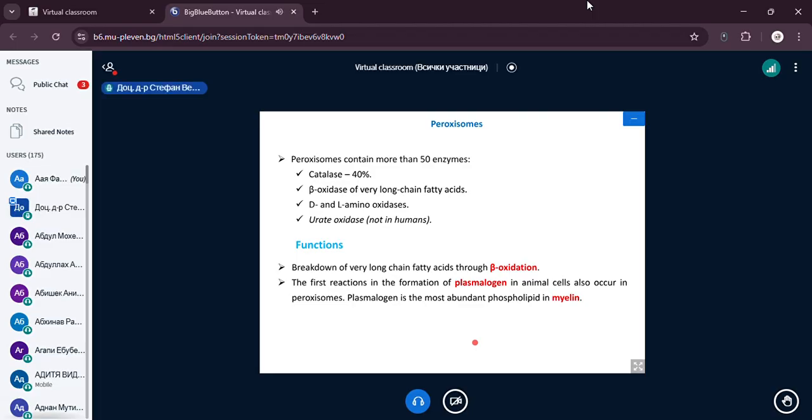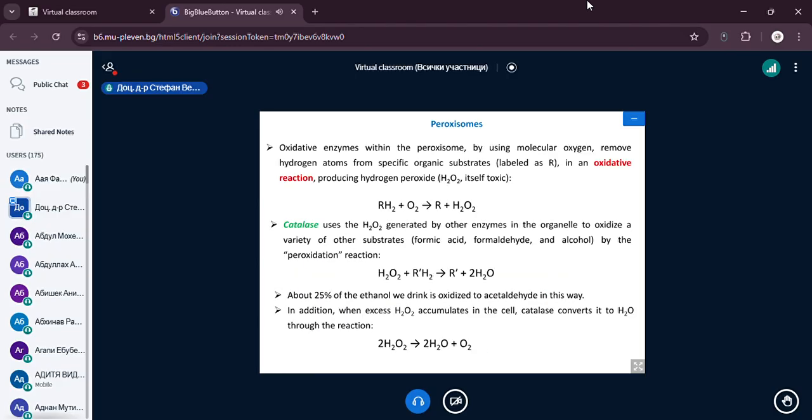What are the functions of peroxisomes? I already mentioned them. This is beta oxidation of very long fatty acids and also different processes of oxidation of amino acids, of toxic, harmful substances for the cell. Generally, these oxidative enzymes within the peroxisomes utilize molecular oxygen to remove hydrogen atoms from specific organic substances.